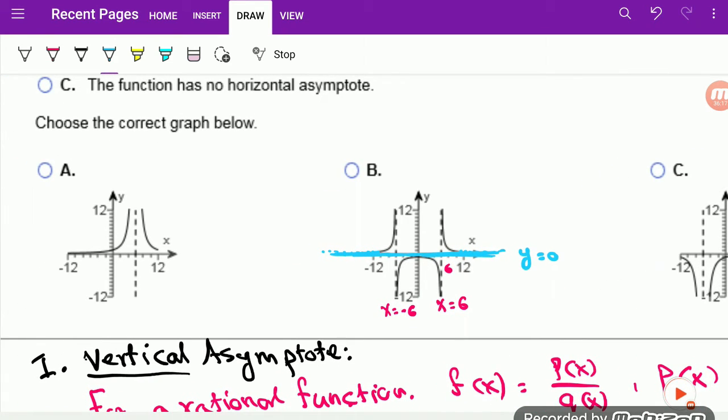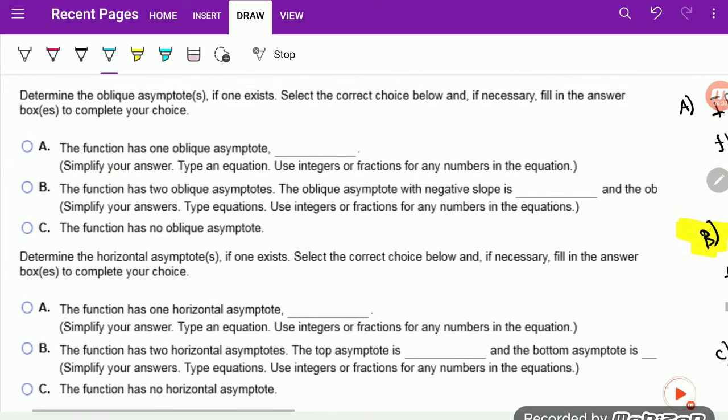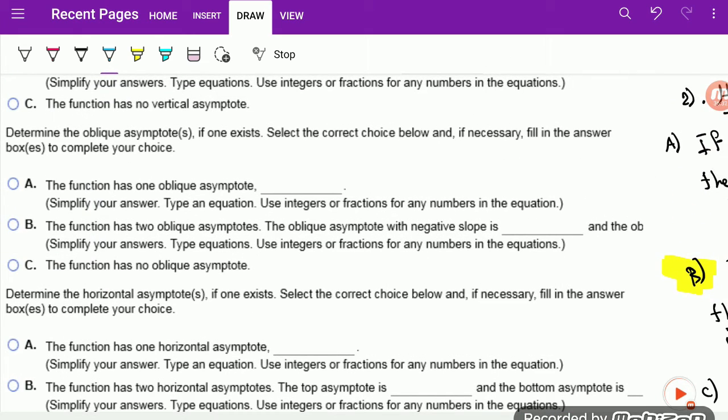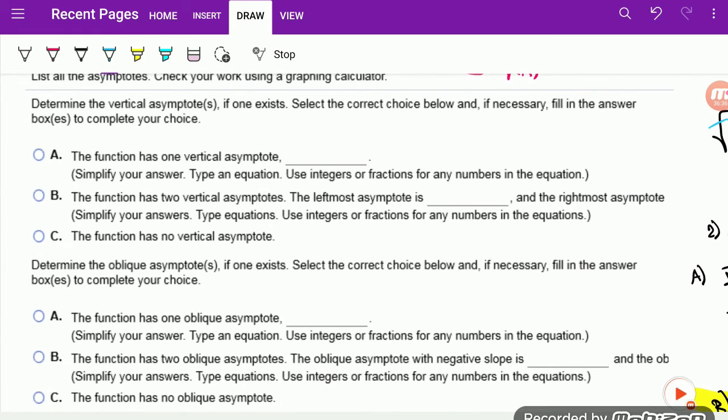A is not the answer because we only have one vertical asymptote there, so it is wrong. C is also wrong because it has only one vertical asymptote. In B we have two, so B is the solution. Now the answers: the function has one vertical asymptote? Wrong.